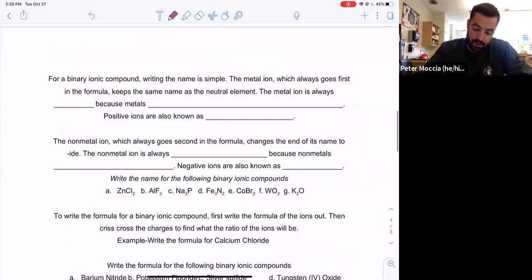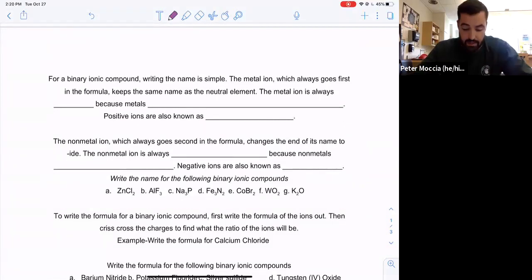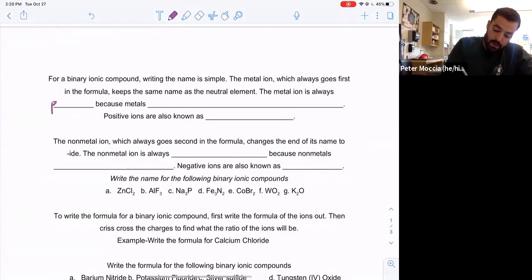For a binary ionic compound, writing the name is simple. The metal ion, which always goes first in the formula, keeps the same name as the neutral element. The metal ion is always positive because metals lose electrons. Another name for positive ions is cations.